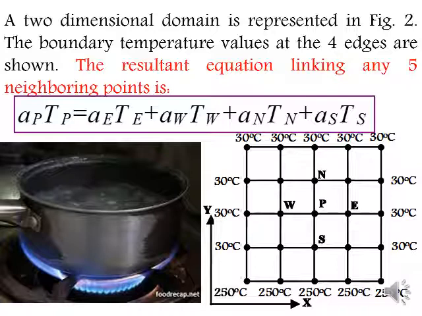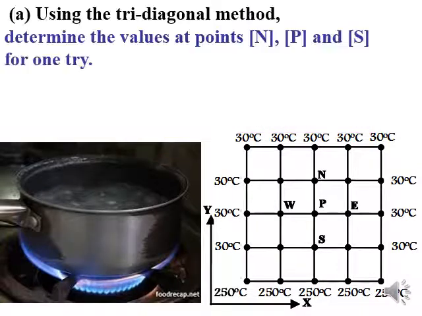So aP TP equals aE TE plus aW TW plus aN TN plus aS TS. We know how to work when we use the tridiagonal method. We concentrate on either the vertical direction or the horizontal direction, so that let us solve on vertical direction.